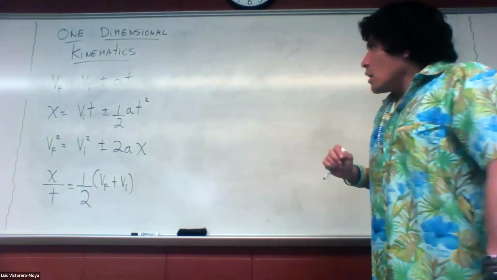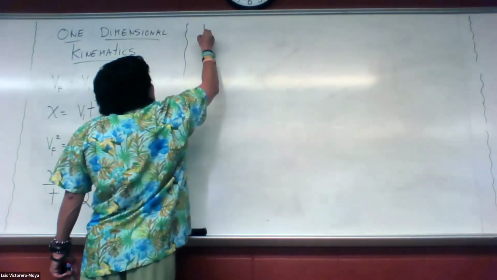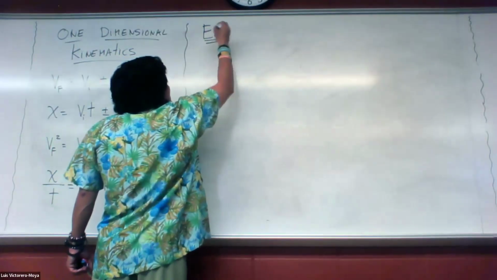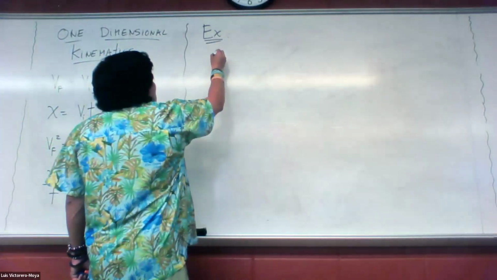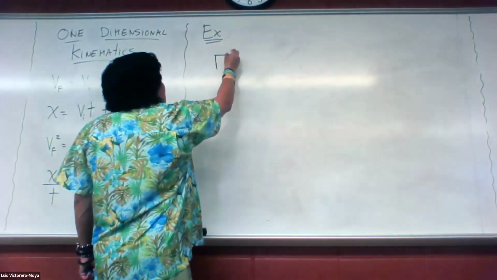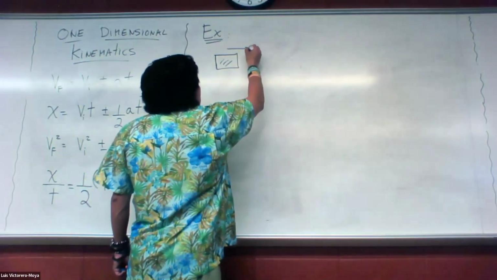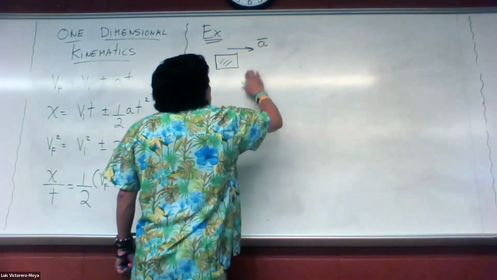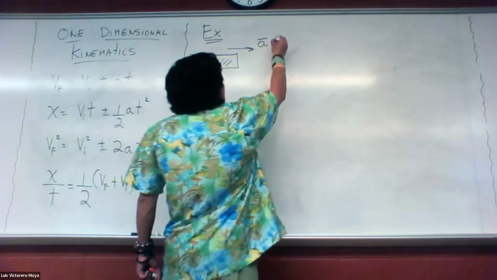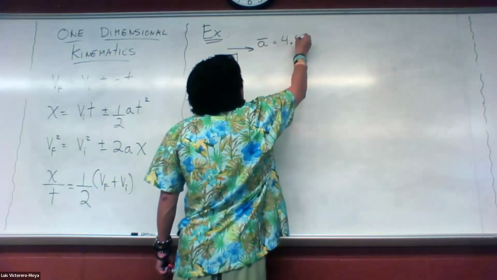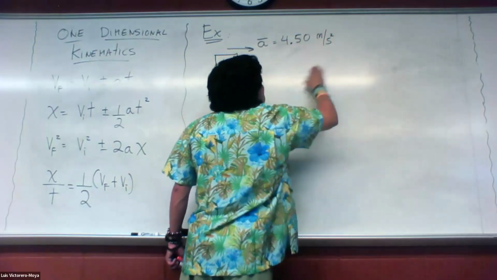Let's see. Example. It says you have a body moving with constant acceleration. So you have a mass moving to the right with constant acceleration of 4.50 meters per second squared.